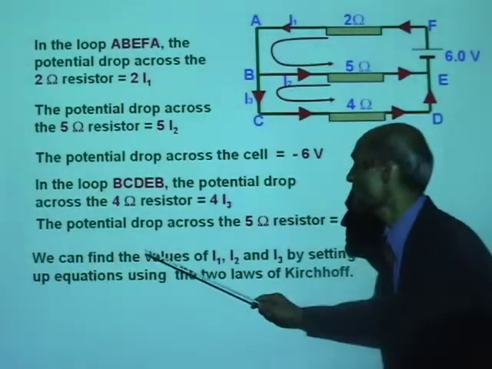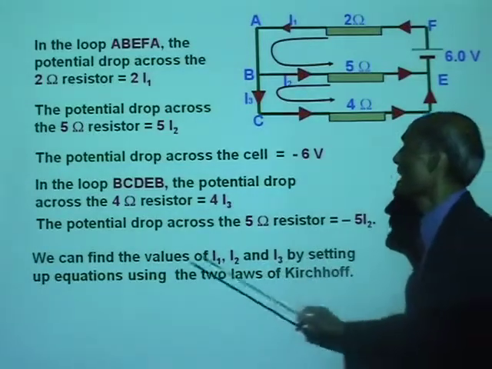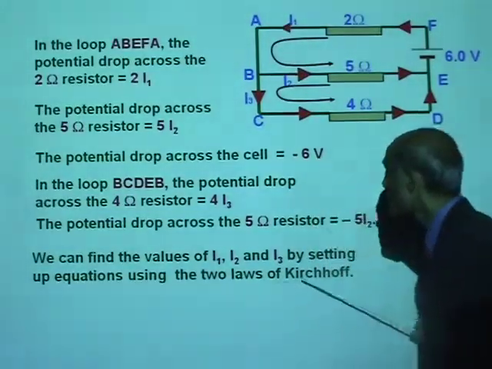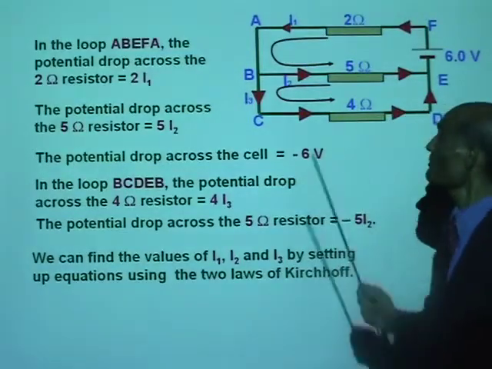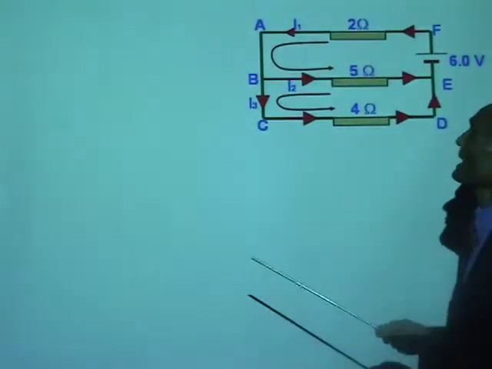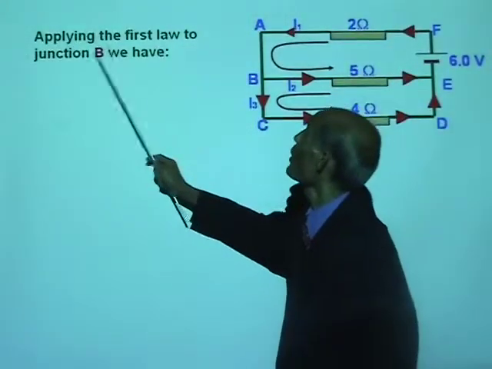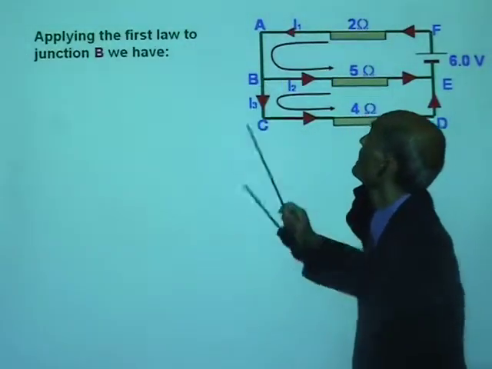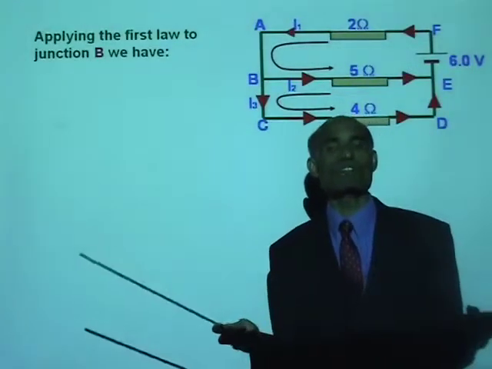Now, we can find the values of I1, I2, I3 by setting up equations using the two laws of Kirchhoff, and we're going to do that on the next slide. Let's apply the first law to junction B. What does the first law say?